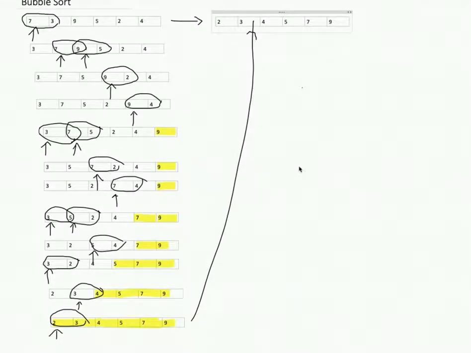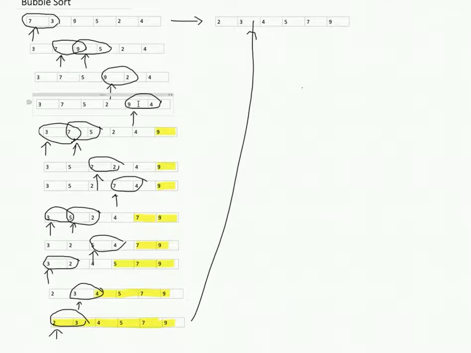Let's do a pseudocode implementation of the method we just followed. If we look back at the example, first we went from left all the way to the right of the array. We had a total of 6 elements, so we went from the 0th index to the 4th index. That's 5 elements in total.